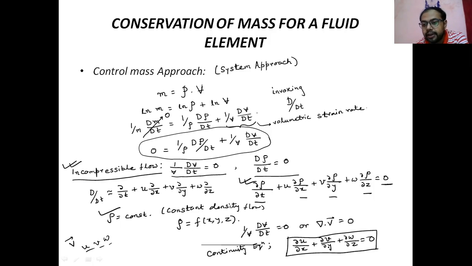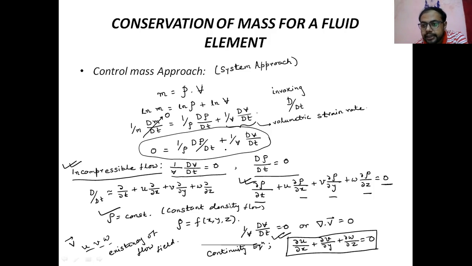And if you verify this value, if this equation is satisfied, the flow is incompressible. So there is the existence of the flow field. Okay, so it will give the existence of the flow.